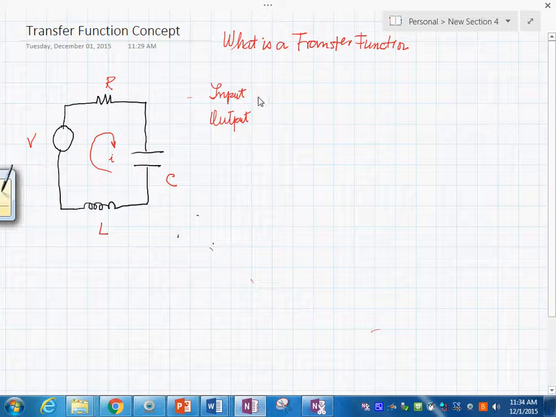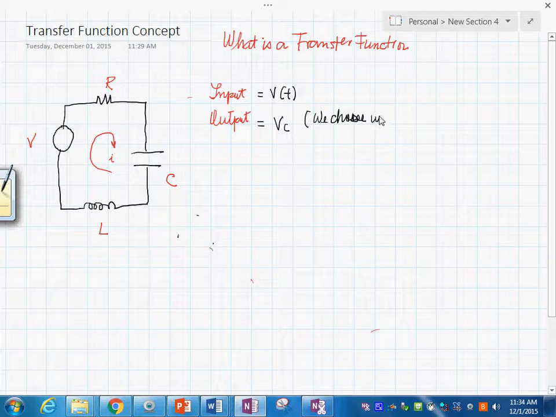The input in this case is the voltage, and we're going to say that the output in this case is V sub C. We choose what the output needs to be.